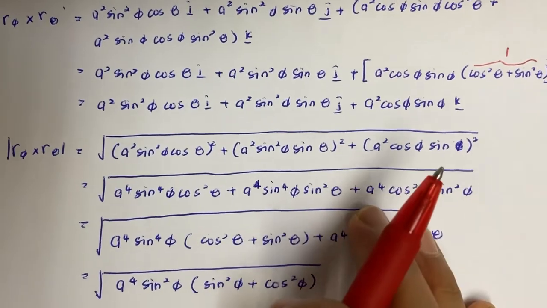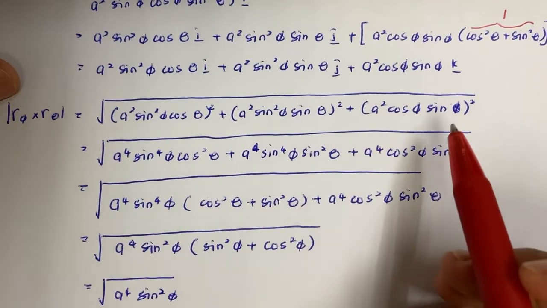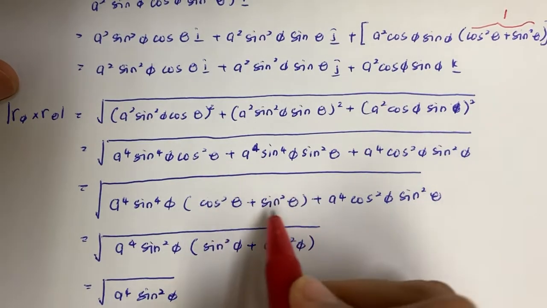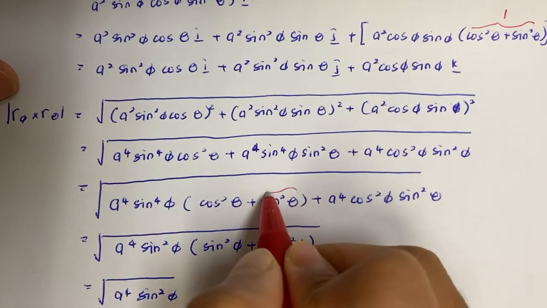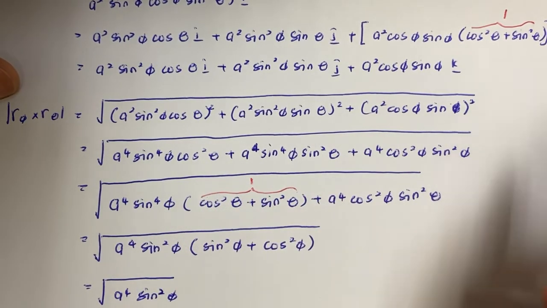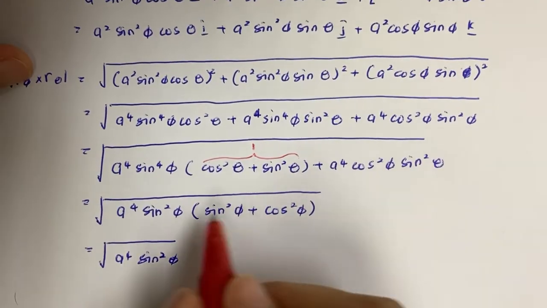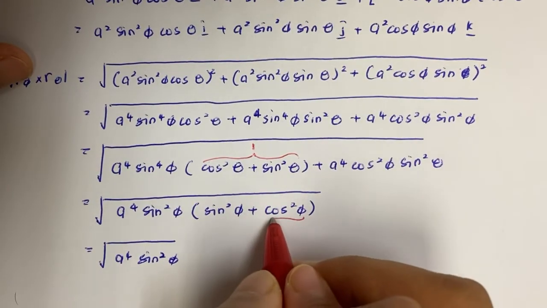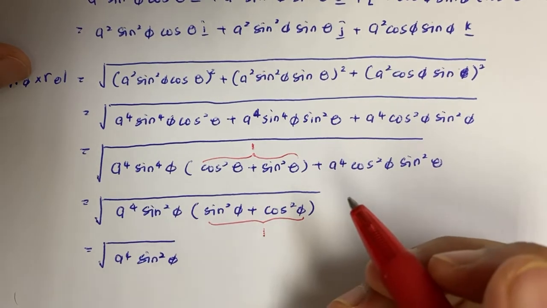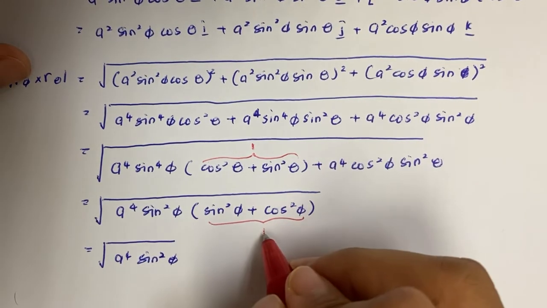Okay, and then you proceed with the expansion. Then from here, when you simplify, cos square theta plus sin square theta is equal to 1. Okay, and then continue here, and then you can factorize this, and then you get another sin square phi plus cos square phi equal to 1.